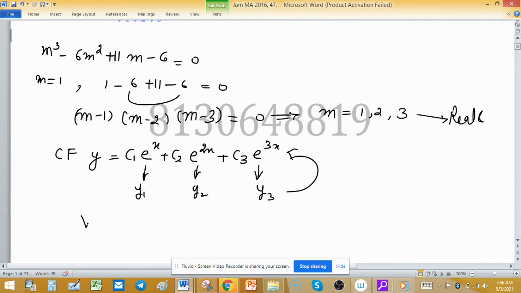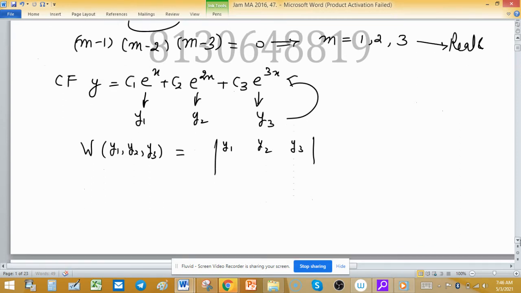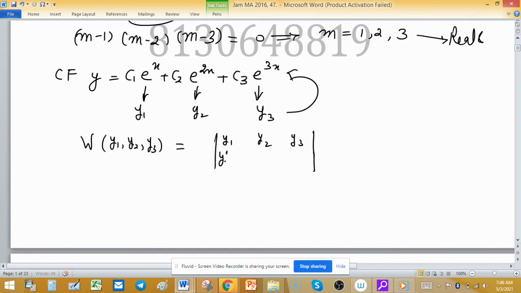So the Wronskian of y1, y2, y3 is the determinant of y1, y2, y3, their first derivatives, and their second derivatives. This is a 3 by 3 determinant.